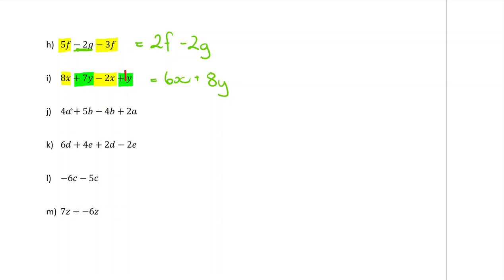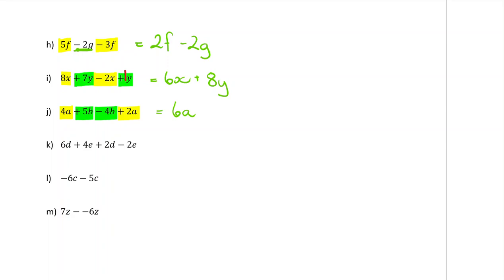J, let's have a look for like terms. I have a 4a and a plus 2a. Then I also have a 5b and a minus 4b. Okay, let's collect our terms. So the a, the yellow ones, we have 4 plus 2 makes 6a.